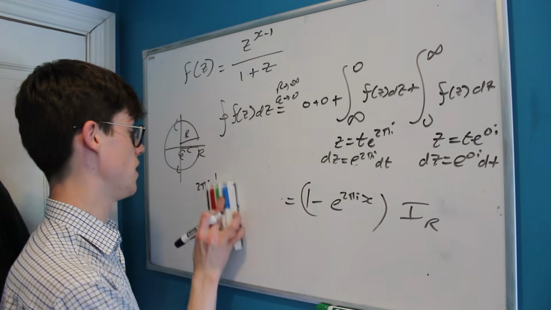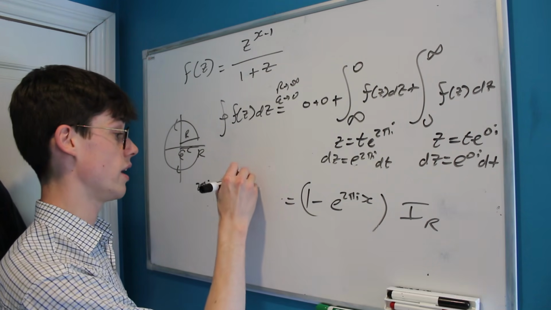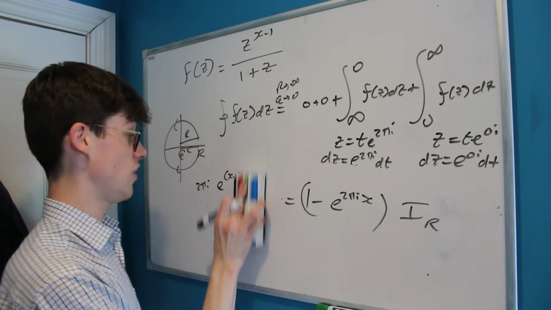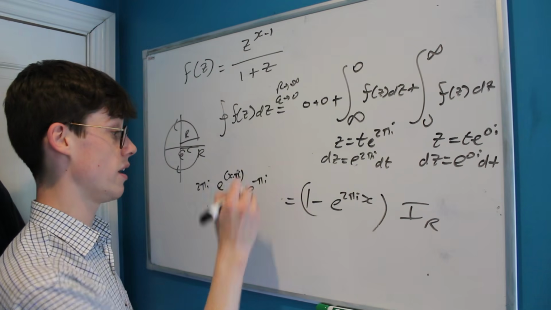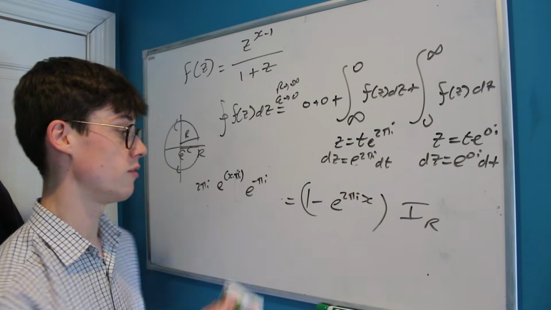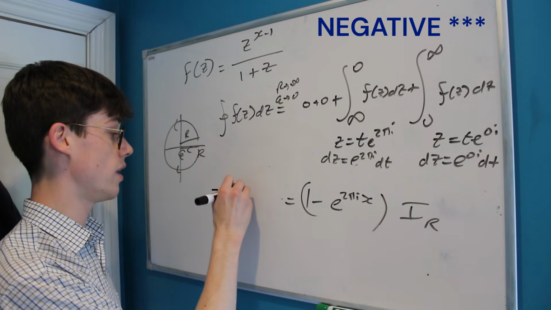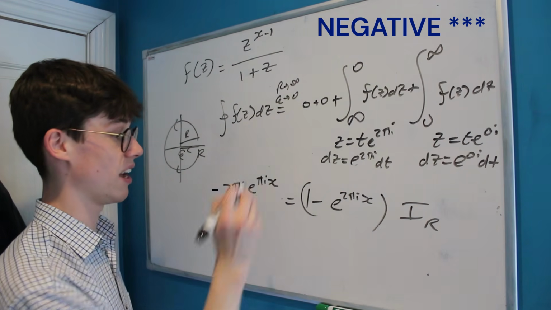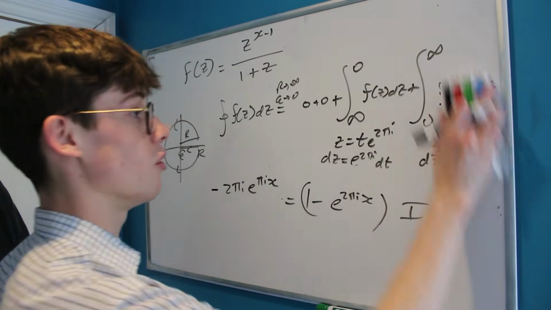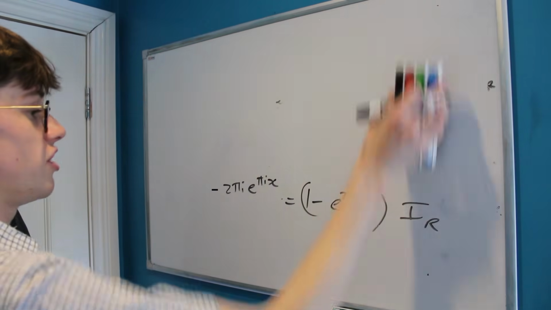And that's, of course, equal to just e to the (x minus 1) pi i, which is equal to e to the x pi i times e to the negative pi i, and e to the negative pi i is just negative 1. So really we're looking at this entire thing being equal to 2 pi i times e to the pi i x. So let's create some space so that we can do our final bit of manipulation that we need.